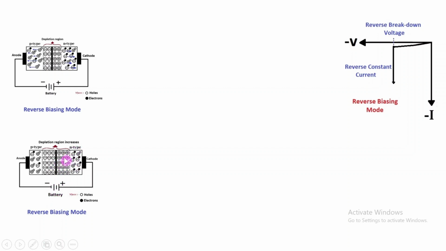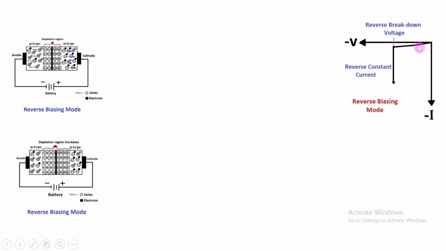So due to that field, the electrons from these atoms will move in the opposite direction to the electric field. Due to that electric field, the electrons inside these atoms will be knocked out of these atoms, due to which the current will start.